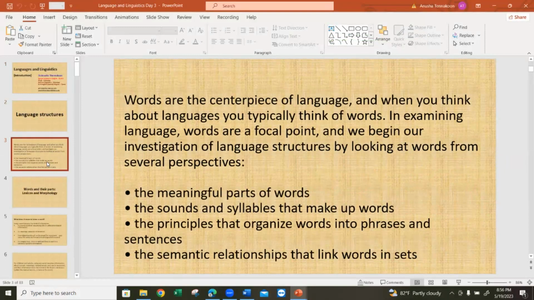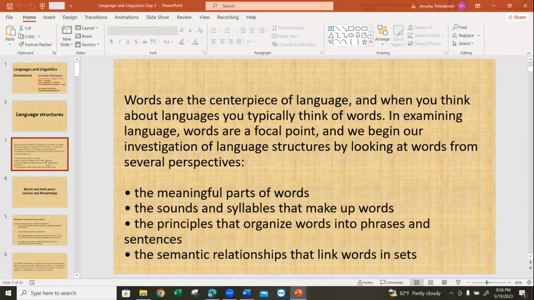I'm just checking what I have. Day 1, day 2, day 3. The remaining ones I will send after the lecture. So you will get them by tomorrow.